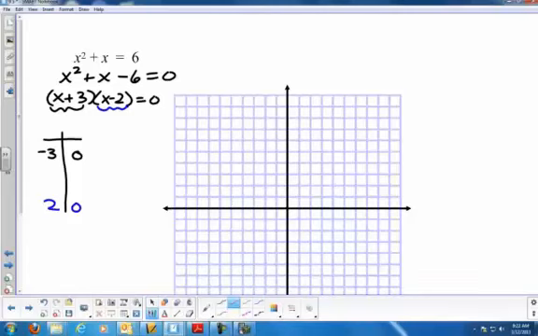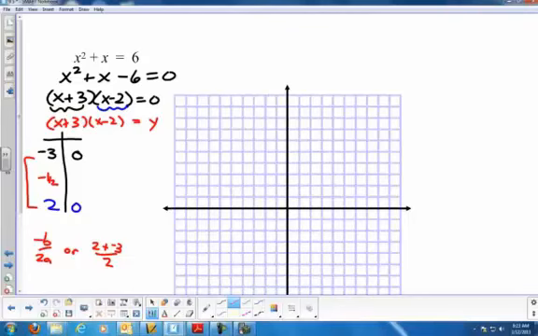And if I'm thinking of this as an equation, I know that my line of symmetry is directly in between. So I can think about negative b over 2a, or I could just add the 2 up and divide by 2. Either way. So at negative 1/2 is going to be the vertex.